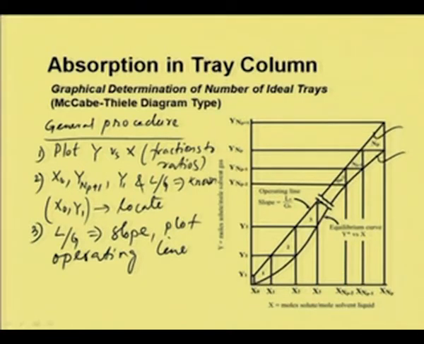And then from stage 1 draw a line. So, then equilibrium, then operating and then equilibrium.